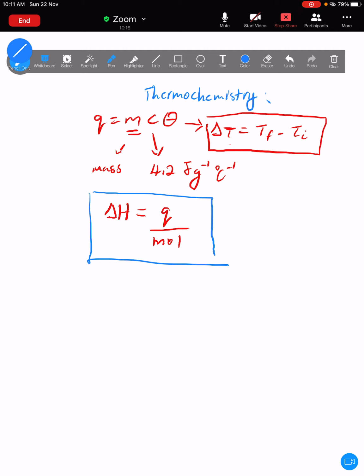Of course, when I'm talking about energy level and profile diagrams, you must understand that we have two types of reaction: endothermic and exothermic.